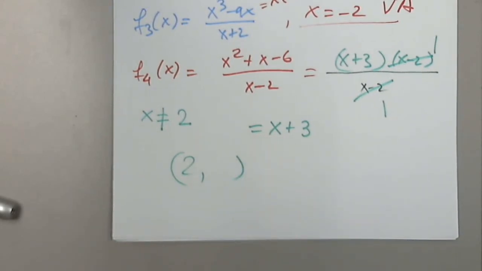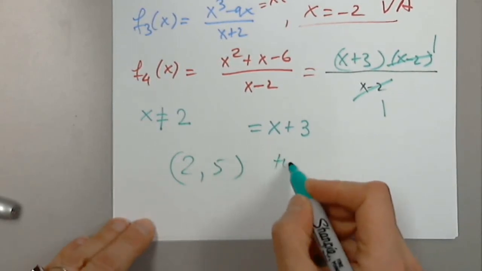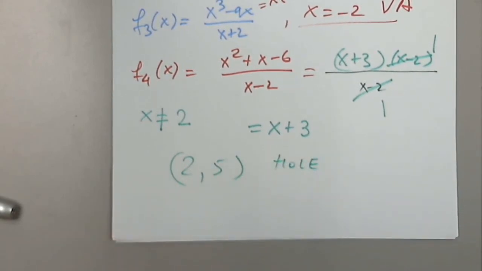You always plug it in the simplified form, correct? So (2, 5) will be a hole. So coming back, does F4 have a vertical asymptote? Yes or no? No. It has a hole in the graph. Very good.